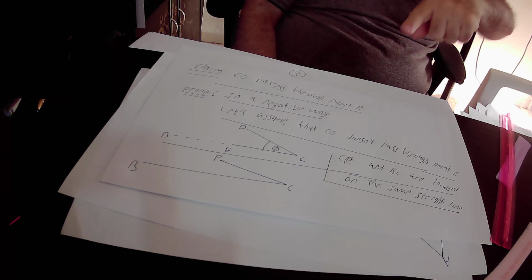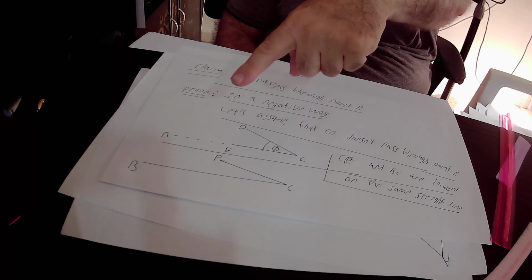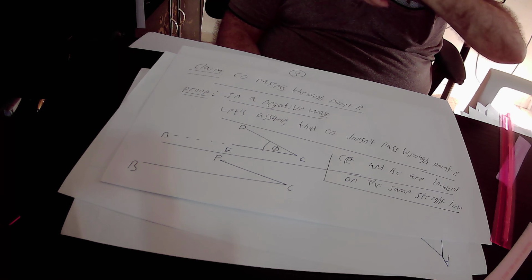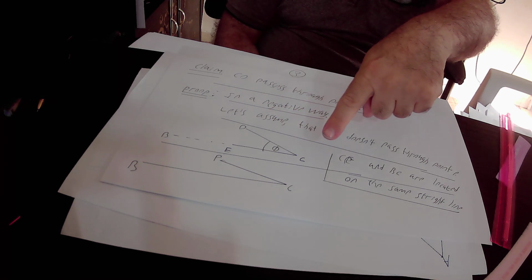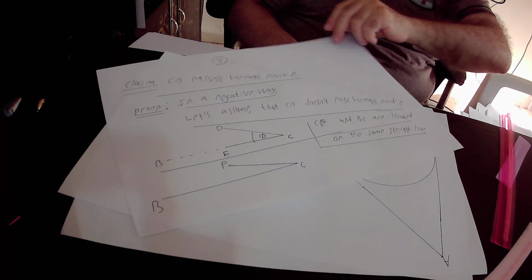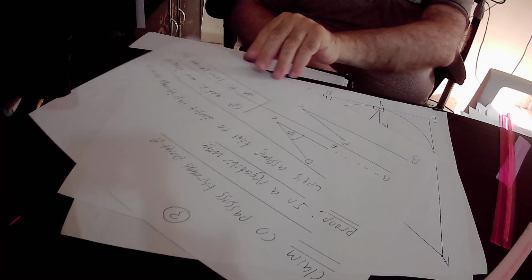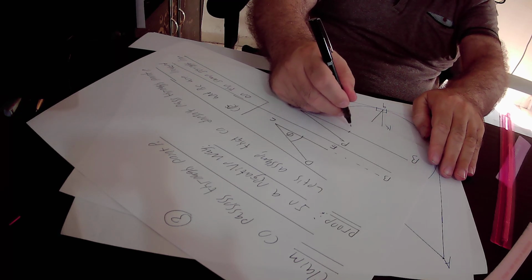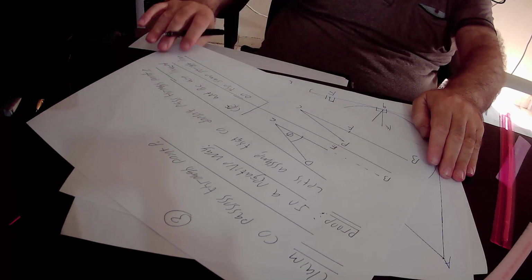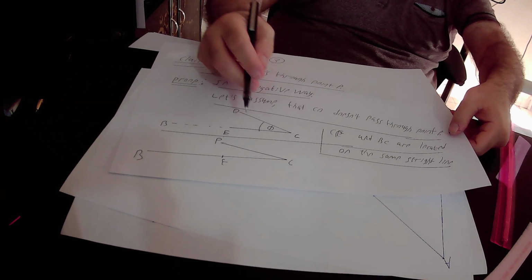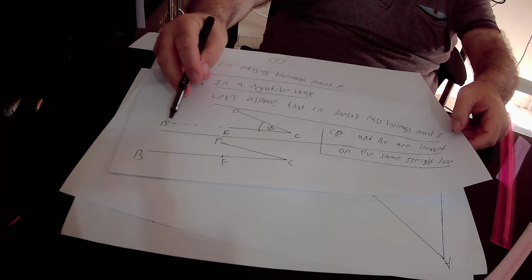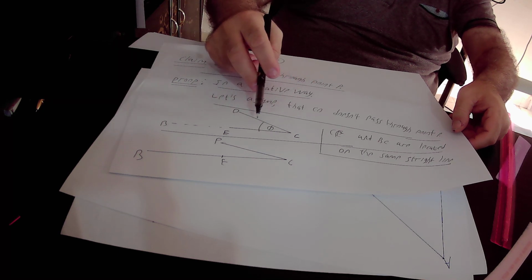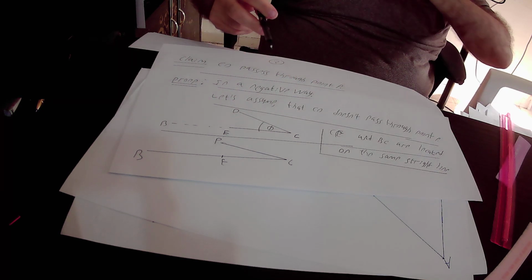It's already mentioned before, BC and EC are located on the same straight line. Here actually CE is part of BC, therefore BC and EC are located on the same straight line.